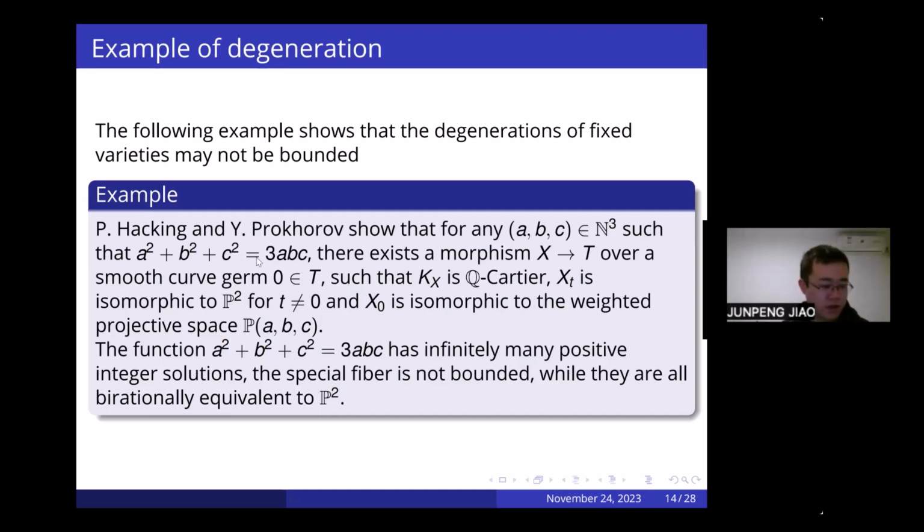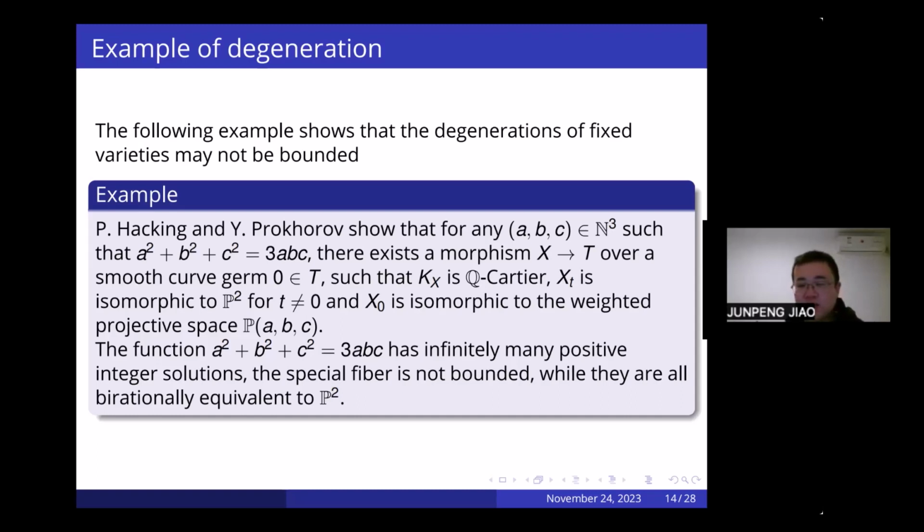This is one example. Hacking and Prokhorov show that for any triple of natural numbers a, b, c such that a^2 + b^2 + c^2 = 3abc, which is also known as the Markov equation, there exists a morphism X to T over a smooth curve germ 0, such that K_X is Q-Cartier, X_t is isomorphic to P^2 for any t non-zero, and X_0 is isomorphic to the weighted projective space P(a^2,b^2,c^2).